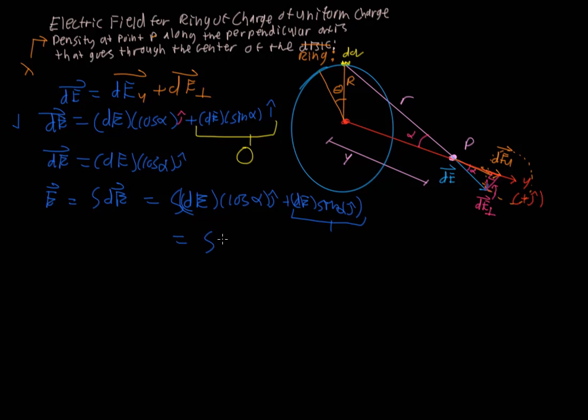So if you broke it up into two integrals, this was the dE cosine alpha j hat, plus, and then you had dEy. This is the y component, I just want to emphasize. And then for this component, whichever unit vector goes right here, you could pick x, for instance, it doesn't really matter. The integral of the dE sine alpha i hat would actually end up becoming 0.